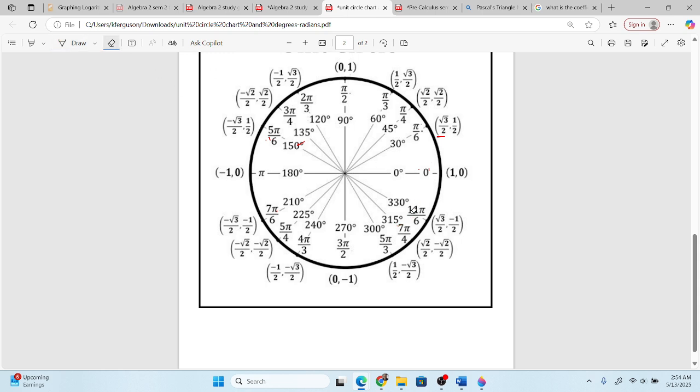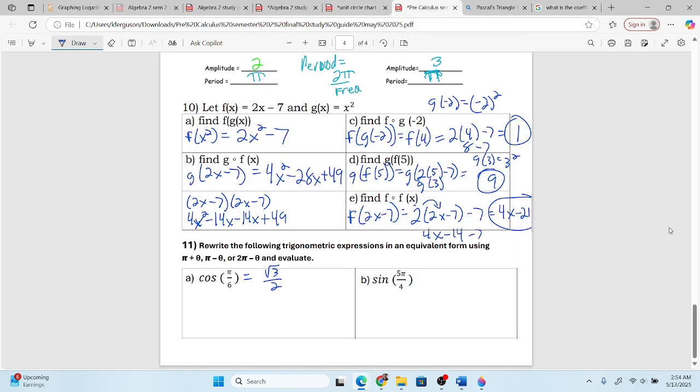So now I have to think of what's the representation of this thing right here. Well, I know this is 2 pi. I know this is pi. So the way they want us to relate them is pi plus theta, pi minus theta, or 2 pi minus theta.